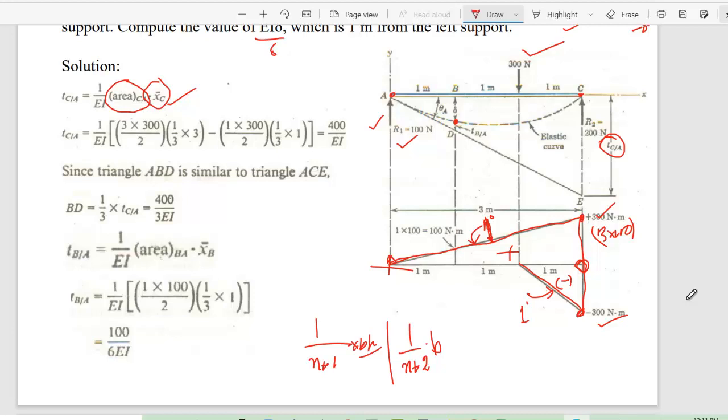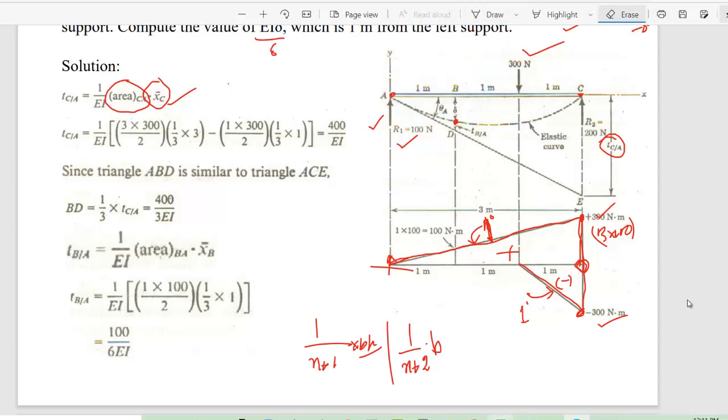Then here you don't have to use the formula because you know this is simply a triangular shape. For triangular shape, you can consider half into base into height. But while you will have UVL or UDL, that time you might need to use this kind of formula. Otherwise, you can easily find out this.